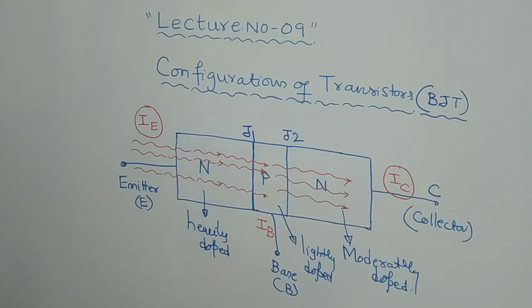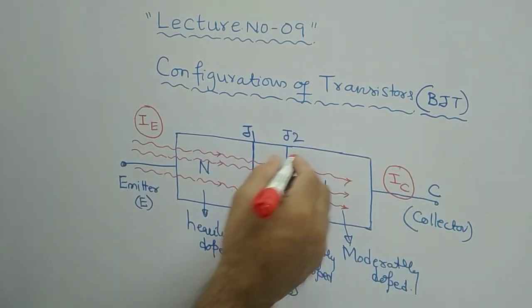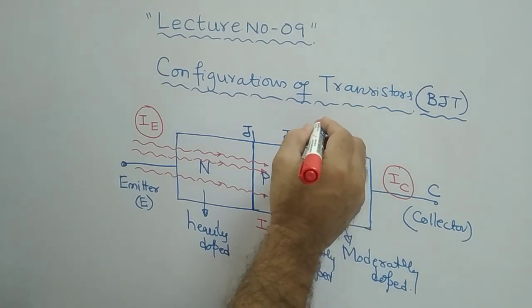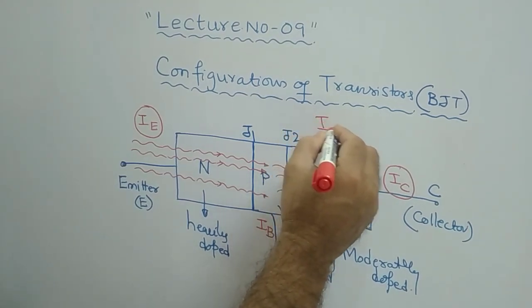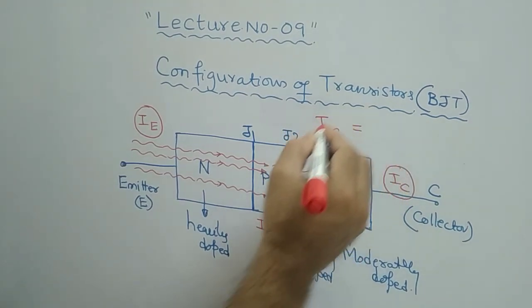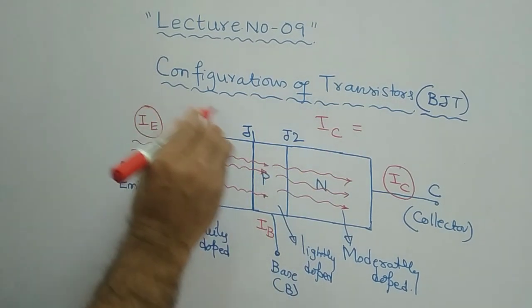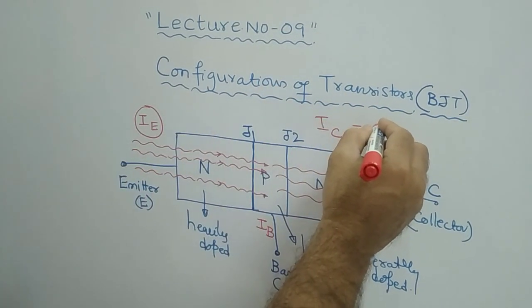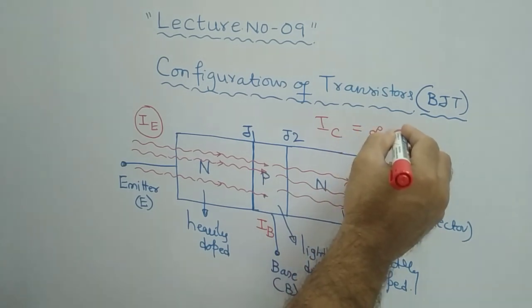IC is normally given as a fraction of the emitter current.